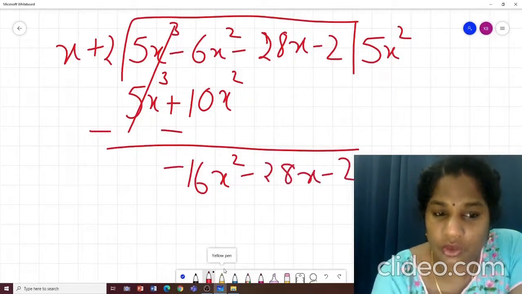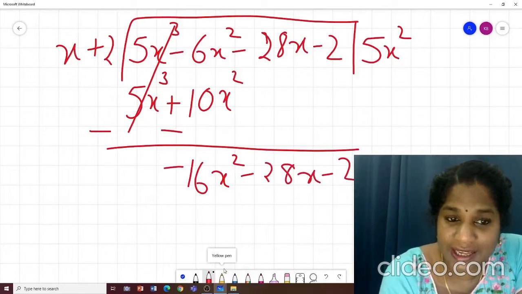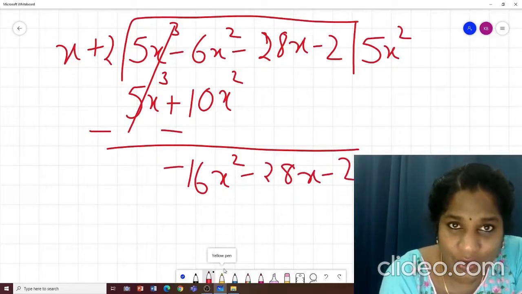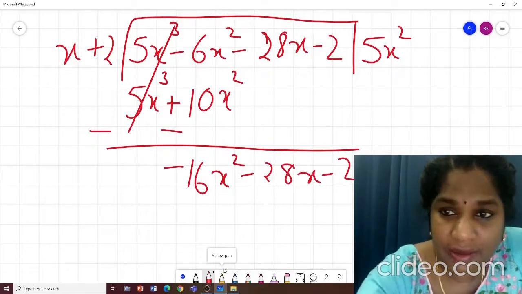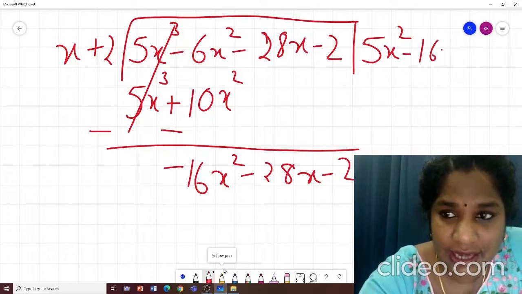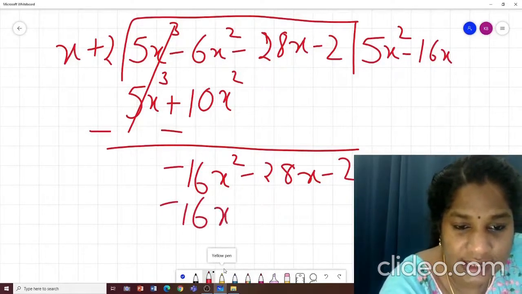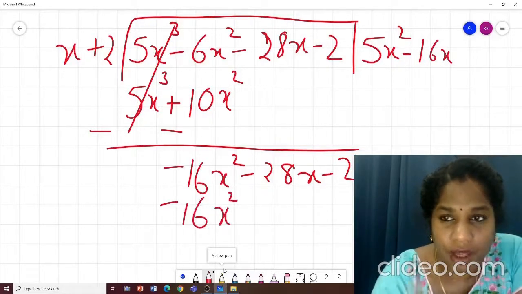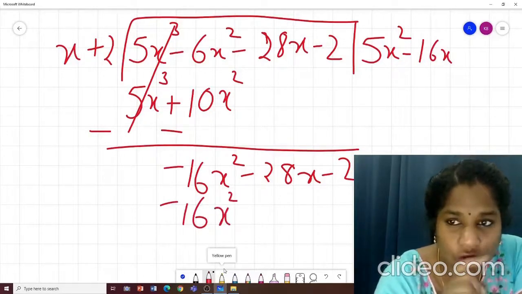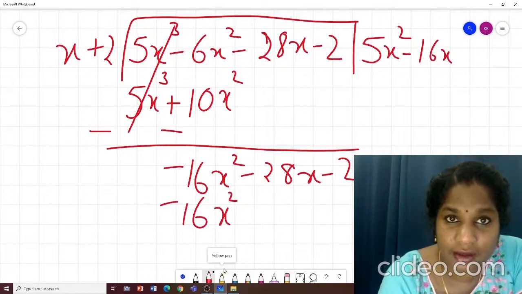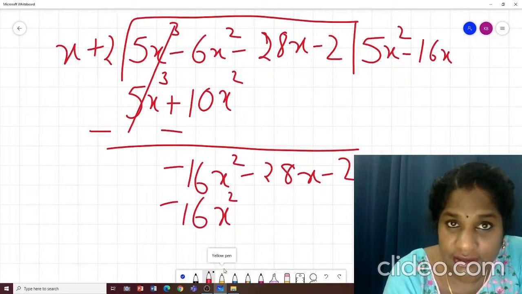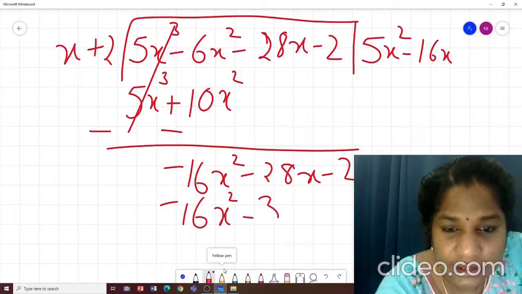Okay. Now what will I multiply x with that I get minus 16x square? I'll multiply with minus 16x. Perfect. I got minus 16x square. Good. Minus 16x into 2, what will it give me? Think. Minus 32.